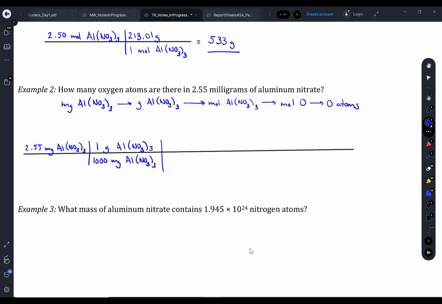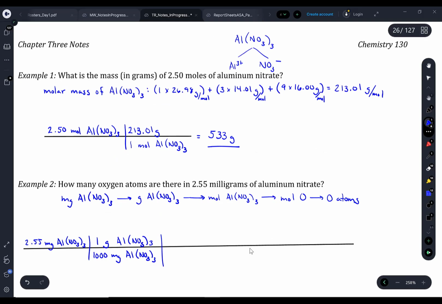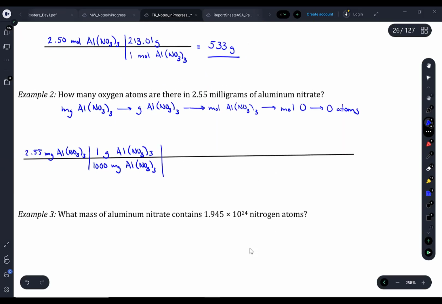All right. We're going from grams to moles now. So what are we going to do? We calculated the molar mass, 213.01. Down in the denominator, I need to cancel grams, so the 213 goes in the denominator.